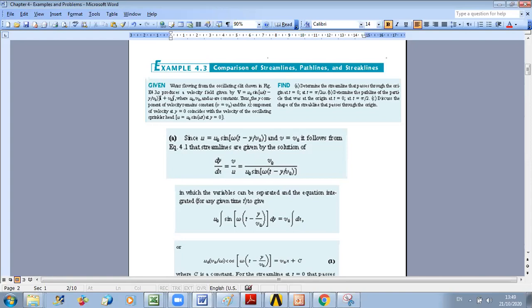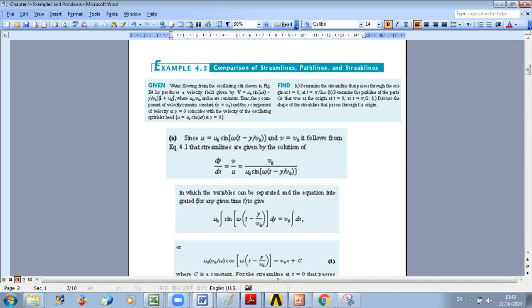Now, what they want us to determine is the streamline that passes through the origin at t equals 0 and at t equals pi over 2 omega. The second question is to determine the pathline of the particle that was at the origin at t equals 0 and at t equals pi over 2.